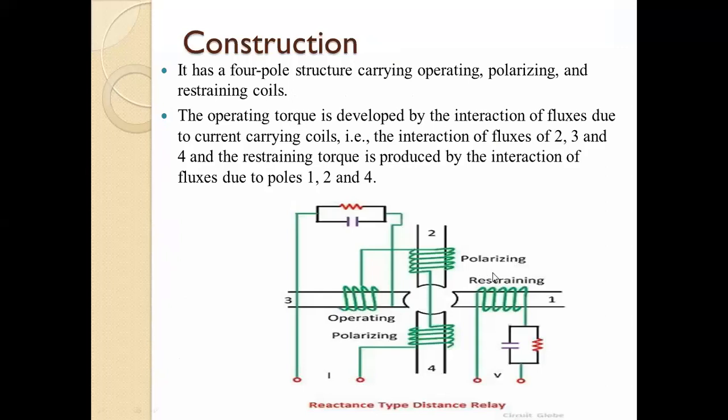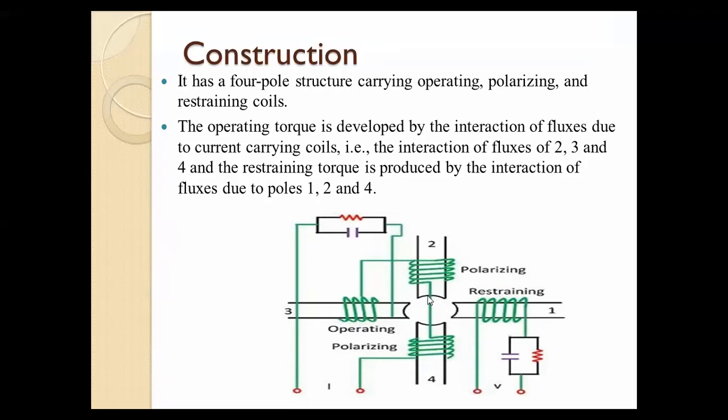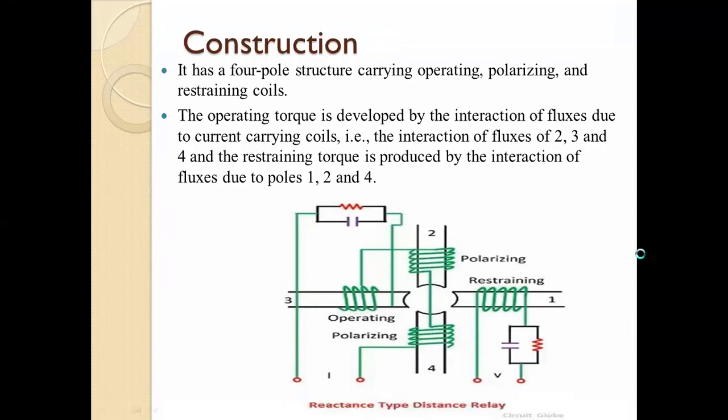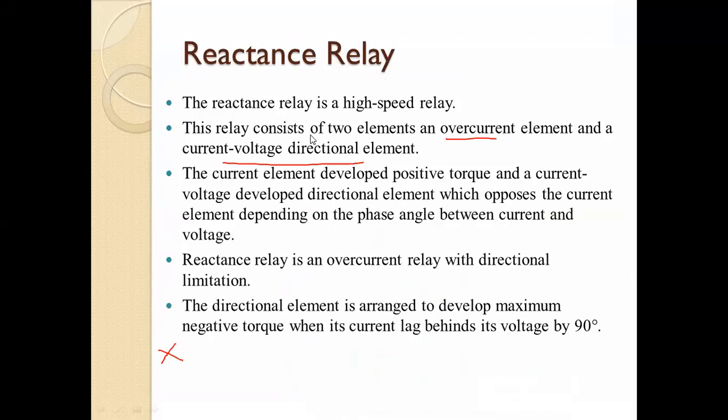Actually, there are four coils: two polarizing coils, one is the operating coil, and the fourth and last one is the restraining coil. So whatever torque will be produced, that will be by using these two, that is the overcurrent element and the current voltage directional element.